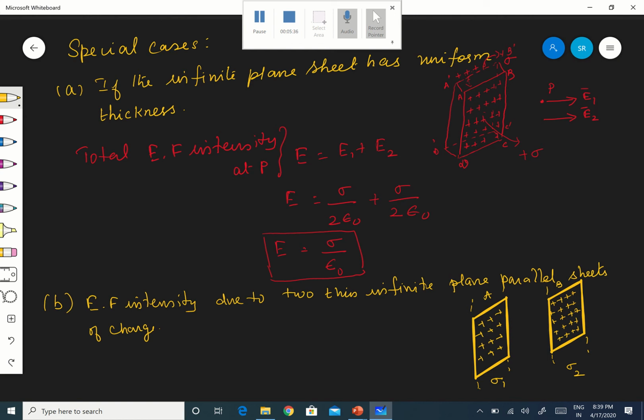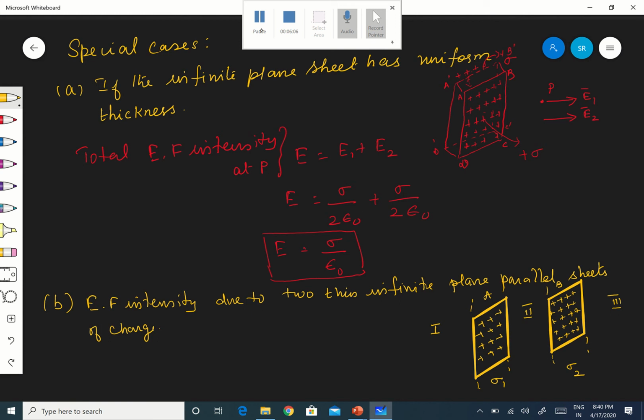Now I am interested in finding the field intensity in the first region to the left of A, the second region between A and B, and the third region to the right of B. So what should I do? Listen, you know very well the electric field intensity is independent of the perpendicular distance.